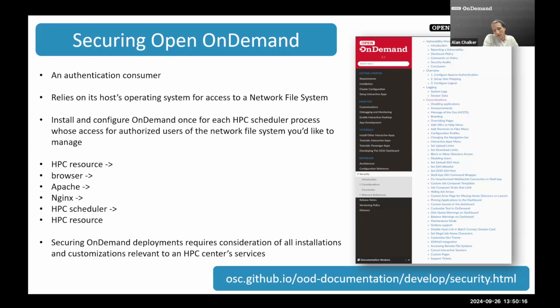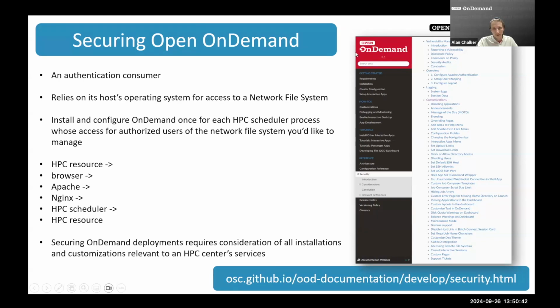And so I just try to make the point that securing OnDemand deployments requires consideration of all installations and customizations relevant to an HPC center's services. So it's more than just how secure OnDemand is, but how you are using OnDemand securely. You have to make sure you don't provide the resources you have to people you don't want to, basically.